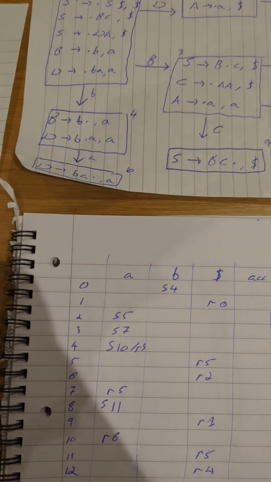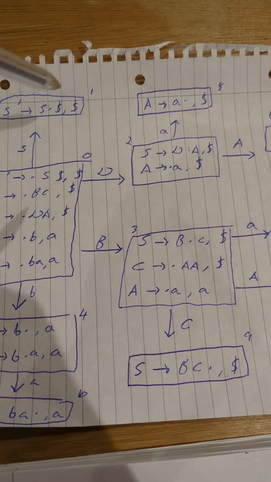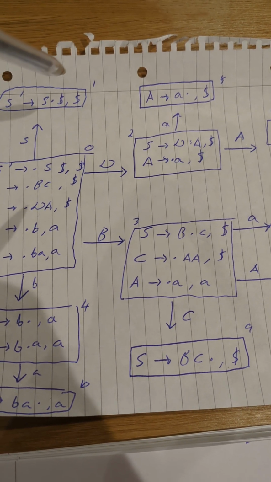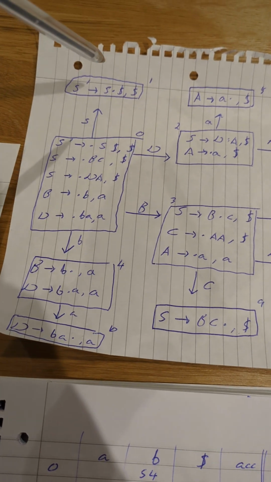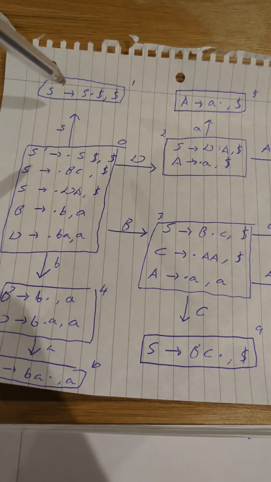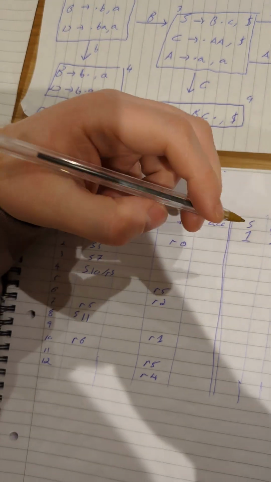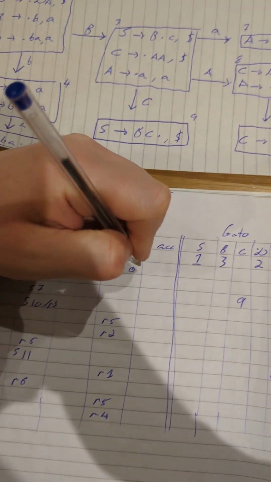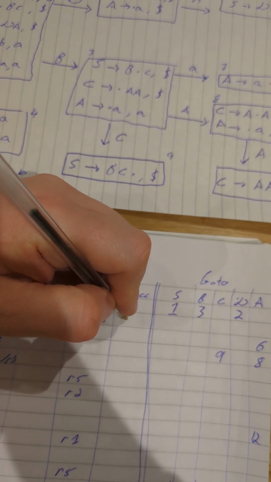Then the final thing for us to do is look for states where we've got a dot at the end followed by a dollar. That's going to be our accepting state. That's only really in this box here. So if we're in state 1 and we get a dollar, we can accept. State 1.